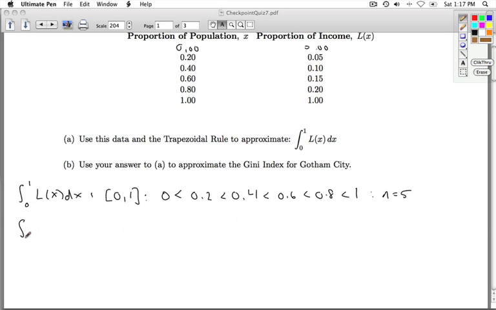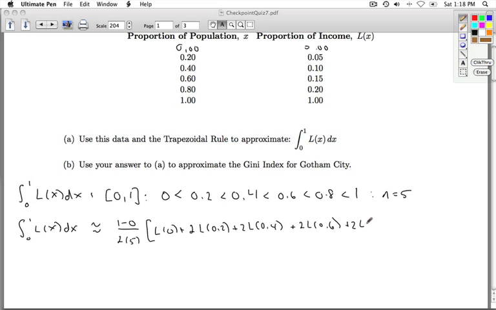So the trapezoidal rule says the integral from 0 to 1, L of x dx, is roughly equal to (b minus a) over 2n, 1 minus 0 over 2 times 5, times the function at the leftmost endpoint, L of 0, plus 2 times the function values at the intermediate points, plus the function value at the rightmost endpoint.